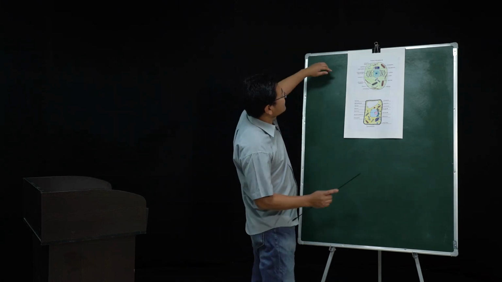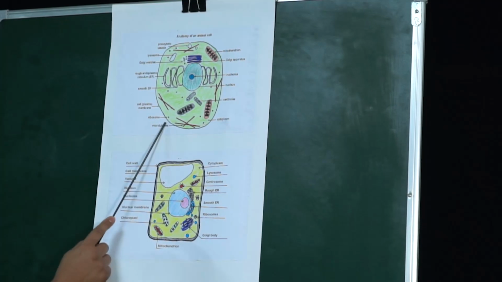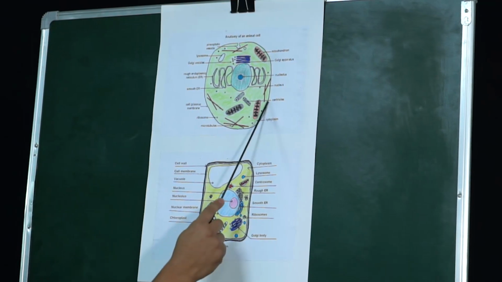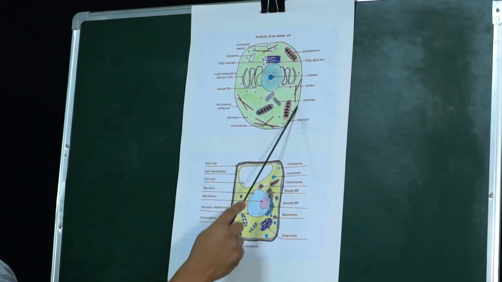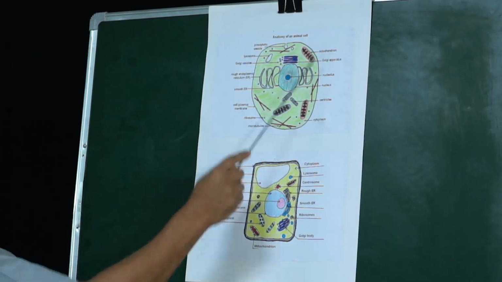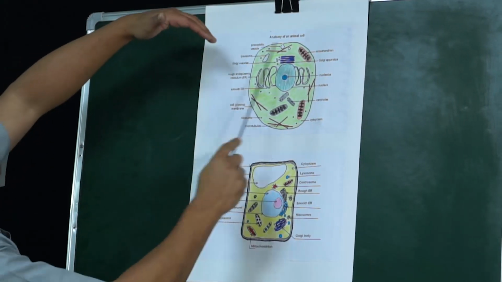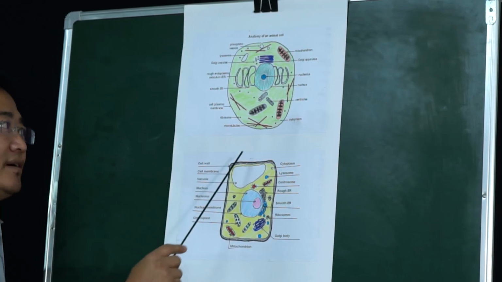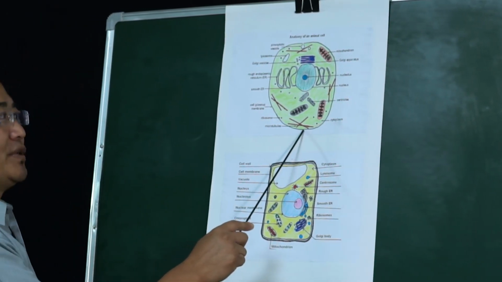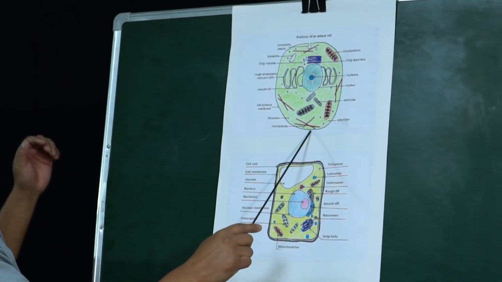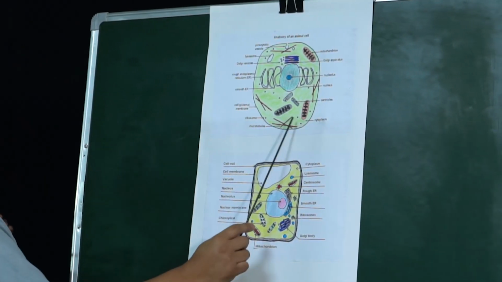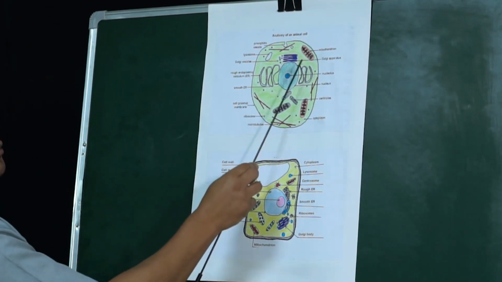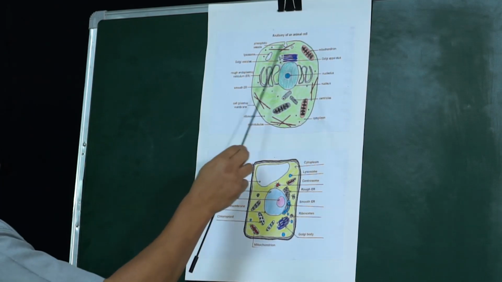Now let's look at an animal cell. So this is our animal cell, and when we look at it, this boundary which covers it is the cell membrane or the plasma membrane that we talked about. And then as you enter this cell, you find all this area with different kinds of organelles.